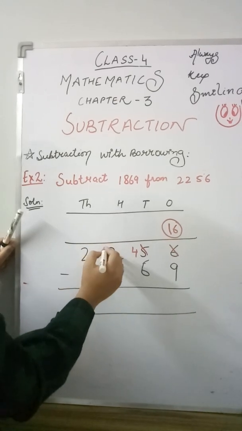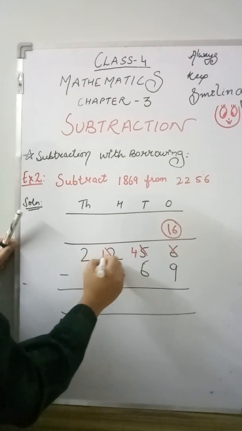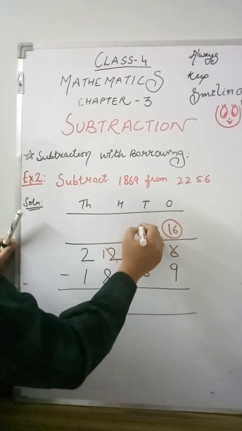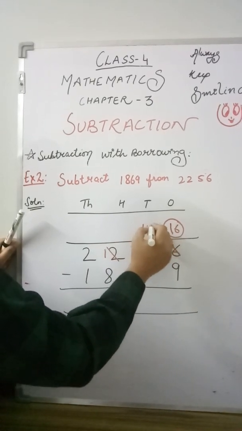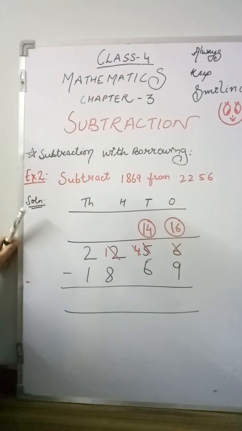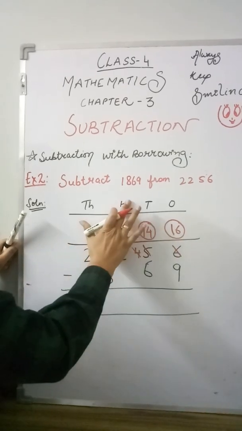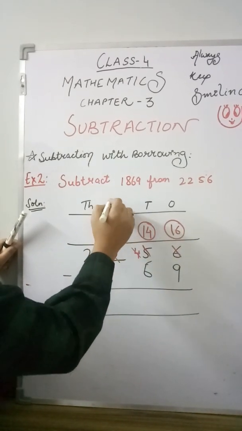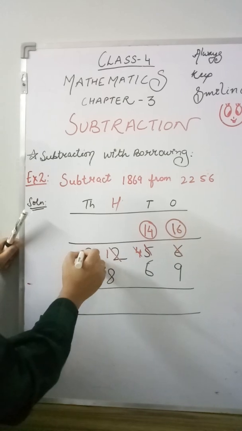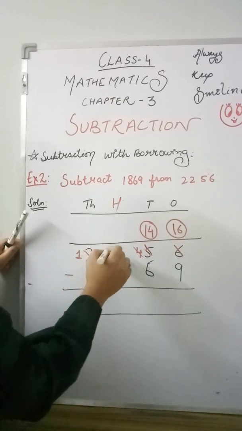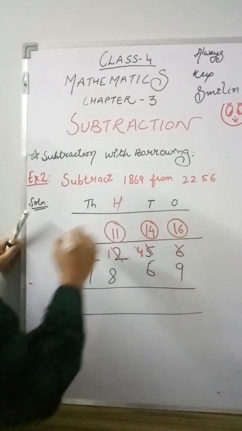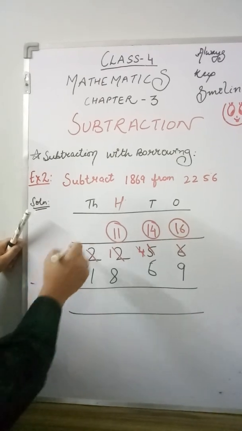The hundreds place said, no problem, I will help you. Now you become 14. Now the hundreds place is smaller, so it takes help from the thousands place, and it becomes 11.